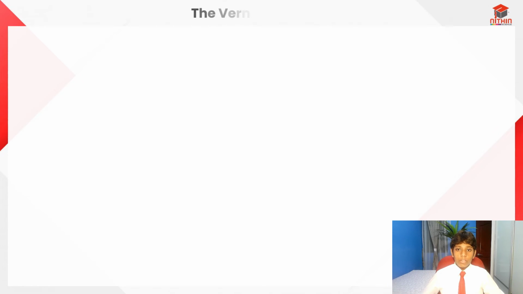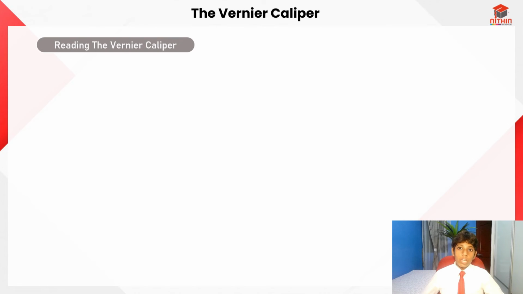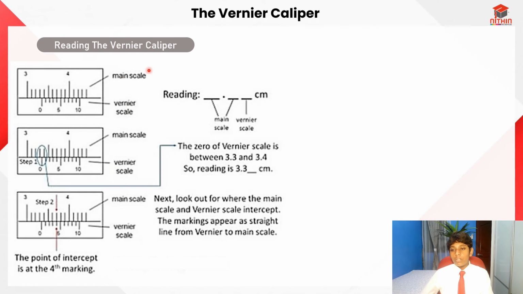Still on the vernier caliper, let's take a look at how to read it. These are the steps. Assuming that the external jaws are already clamped onto something, we need to focus on two things: the main scale and the vernier scale. These are the only two things we look at when reading the vernier caliper.